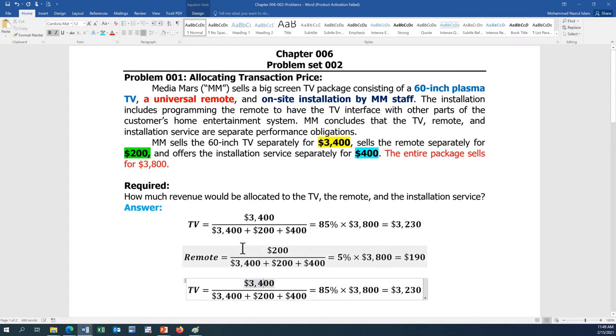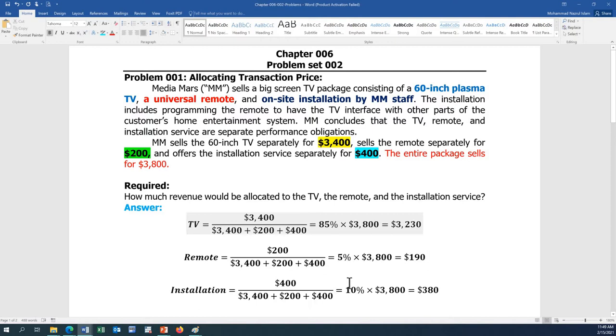And for the installation, the standalone price is 400. You can see that the standalone price is 400, and this is installation. So it is 10%. Okay, so now it's going to be 380.